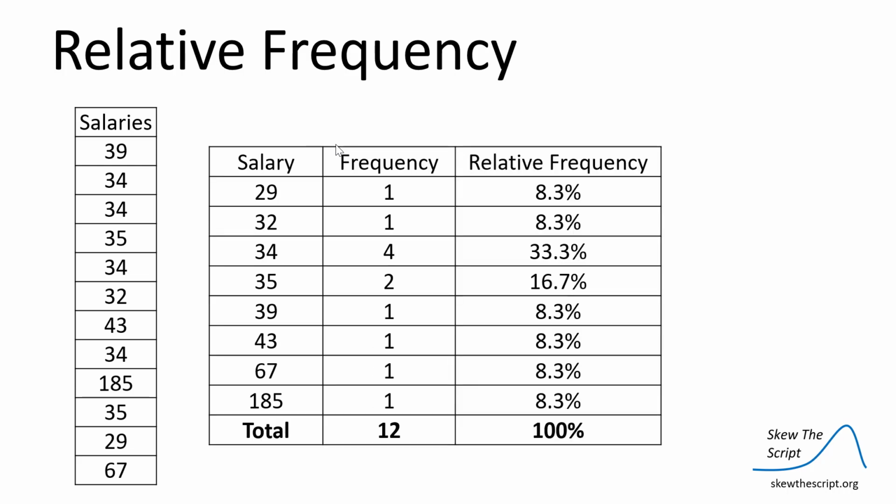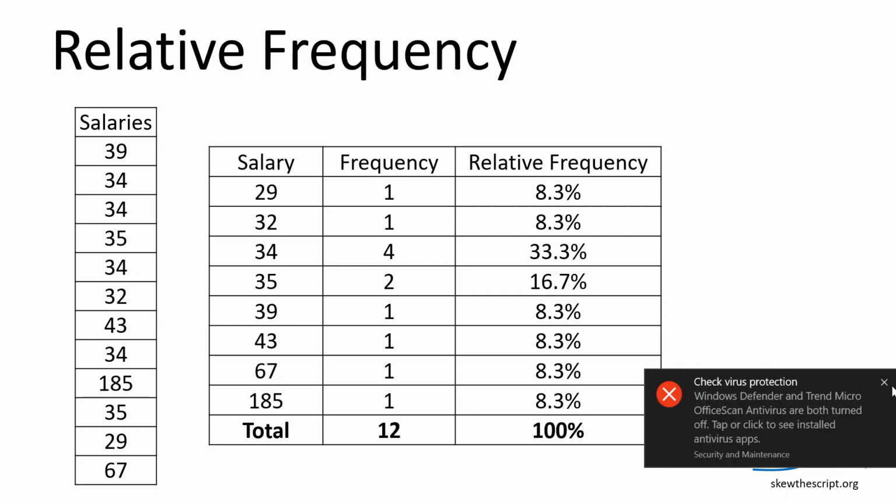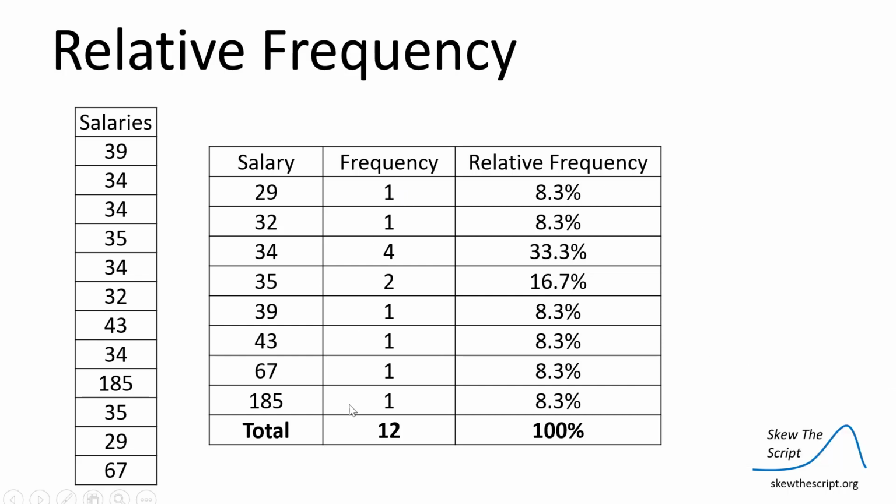The relative frequency essentially takes that frequency out of the total amount and writes it as a percent. So for example, to get this 8.3%, I said, all right, I know that this 29,000 is happening once out of 12 total salaries, which gives me, if I do that in my calculator, 1/12 is 0.083 or 8.3%.